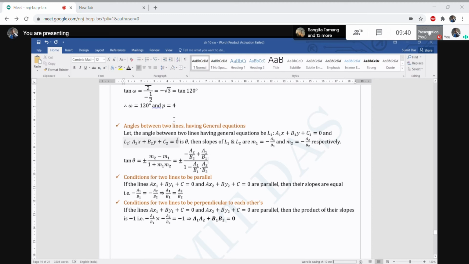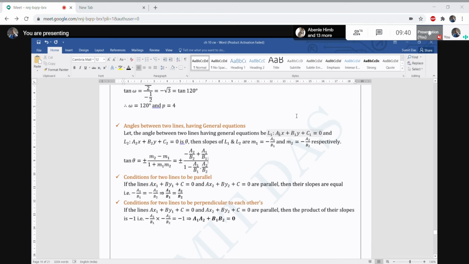So the angle between these two straight lines will be, we have to find their slopes and put them in this formula. You can see, we have to just put them in this formula. So here I'm just showing you, but you don't have to remember this formula.